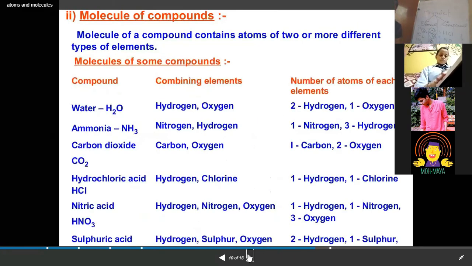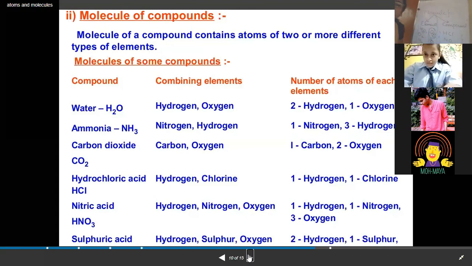Next. As I've told you, a molecule of a compound is one where two or more atoms of different elements combine. For example, water, which is on your screen.